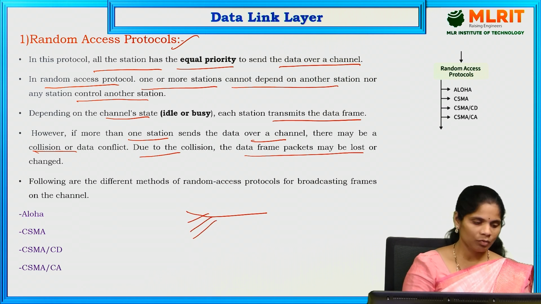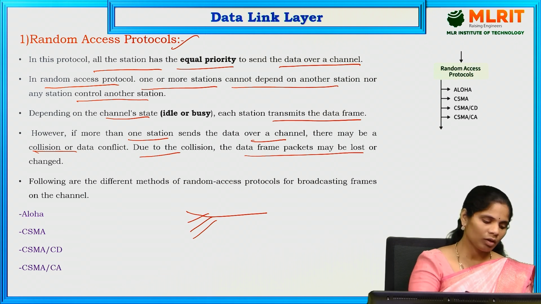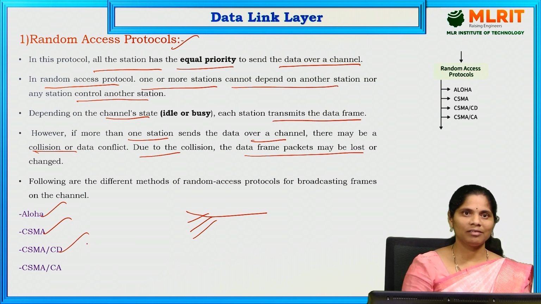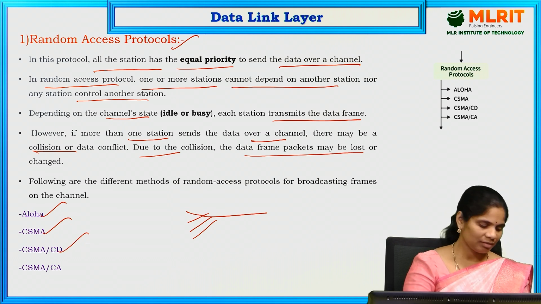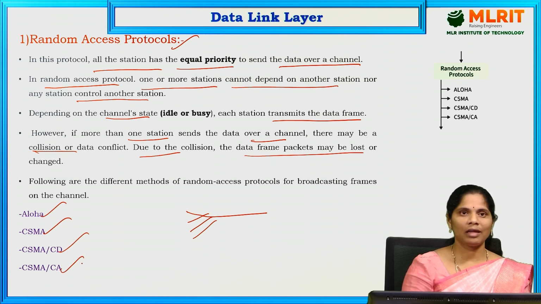So we use the random access protocols. These are the different types of random access protocols: Aloha, CSMA (carrier sense multiple access), CSMA/CD (carrier sense multiple access with collision detection), and CSMA/CA (carrier sense multiple access with collision avoidance). These are the protocols in the random access protocols.